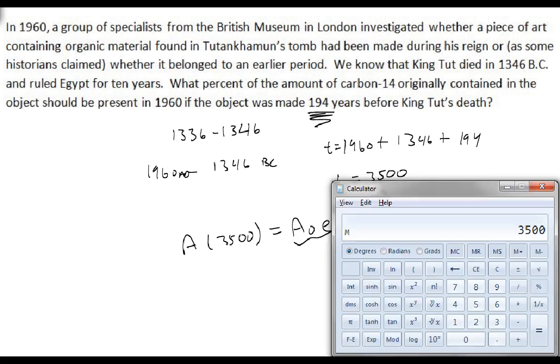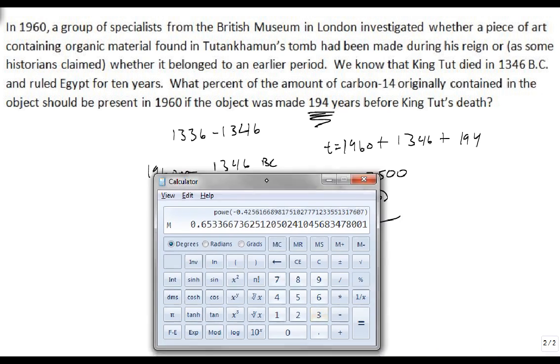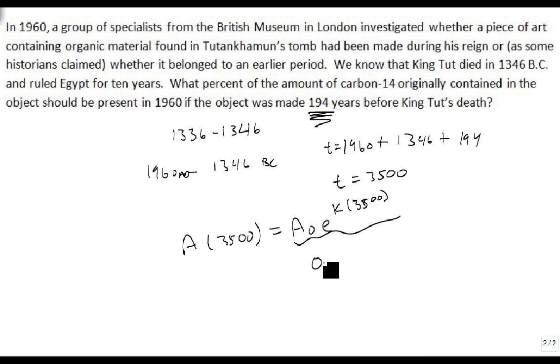Let's recall our value of k times the 3,500. We're going to raise e to that power, and we get 0.6533 A naught. So there should be 65.33% of the original carbon in order for this to be from 194 years before King Tut's death.